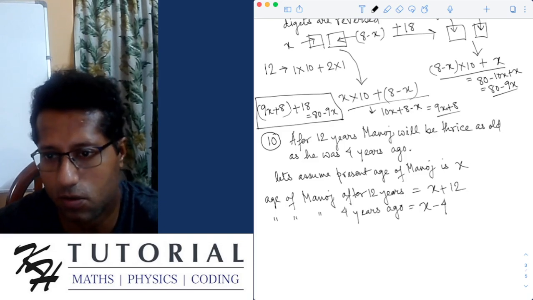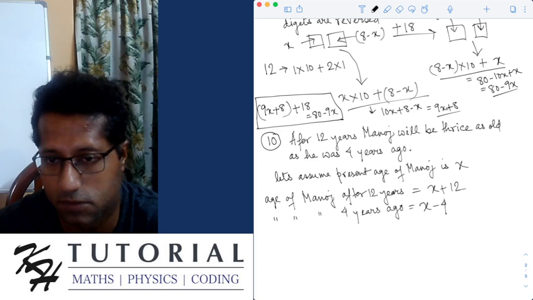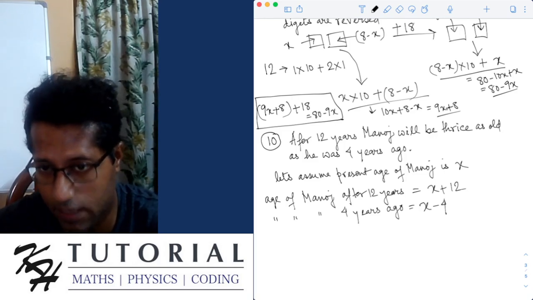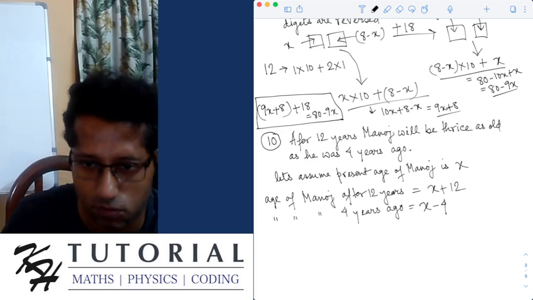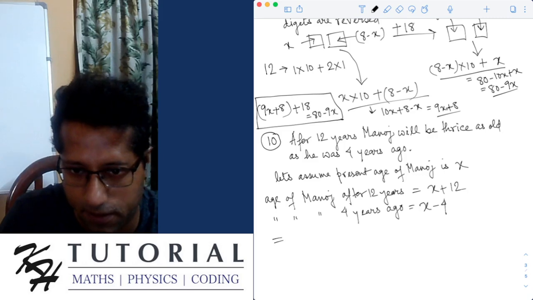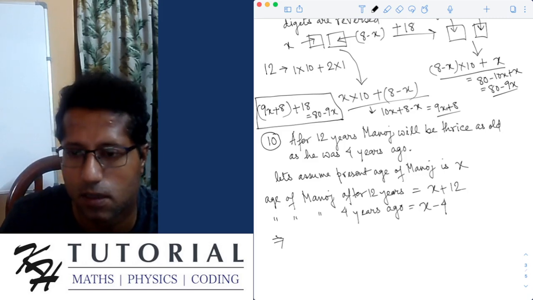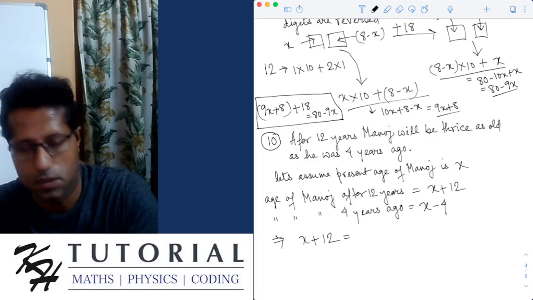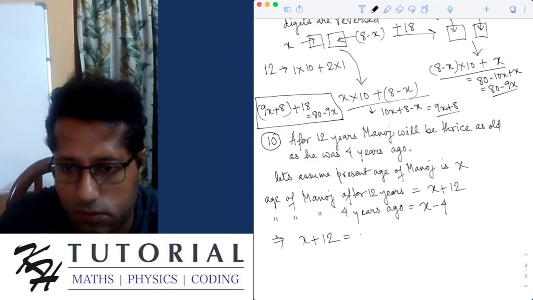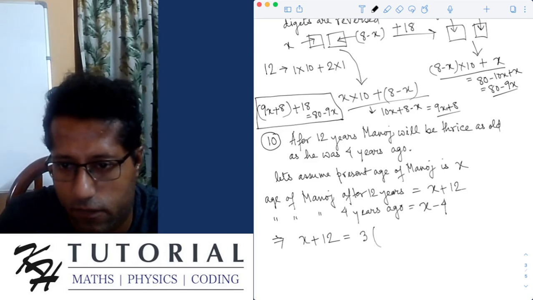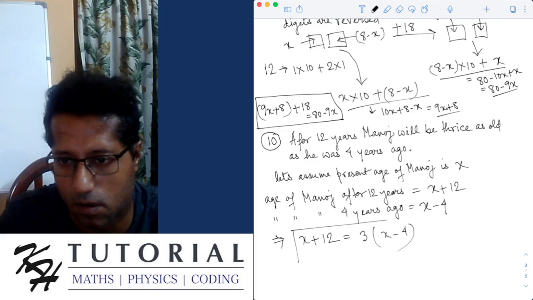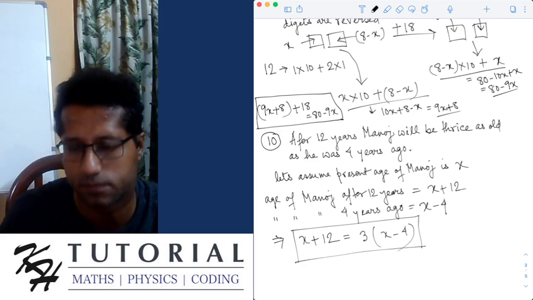So 4 years ago his age was x minus 4, and after 12 years his age will be x plus 12. So as per the word statement, x plus 12 is equal to thrice of x minus 4. So this is the linear equation we have formed.